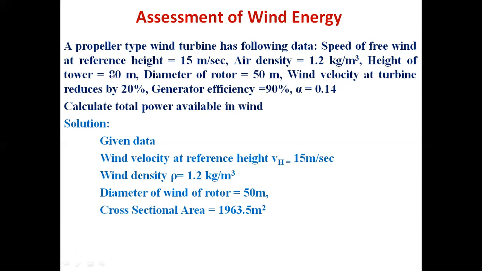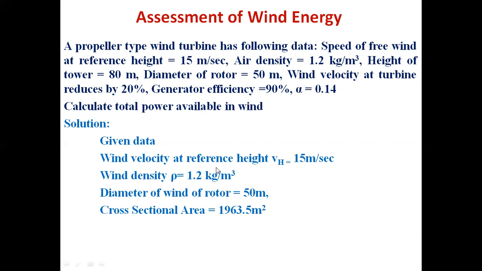Now the wind turbine has been installed at a height of 80 meter, and there is a rotor which has 50 meter diameter. That means the rotor blade has a radius of 25 meter at a height of 80 meter from the ground or Earth's surface.